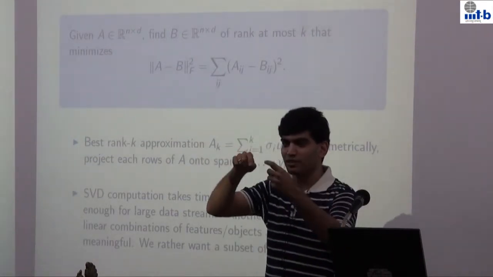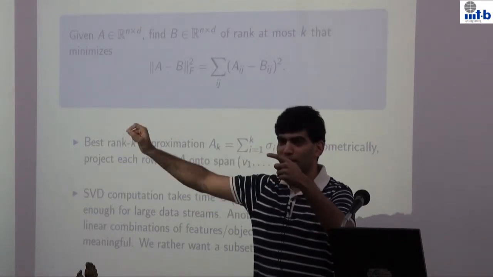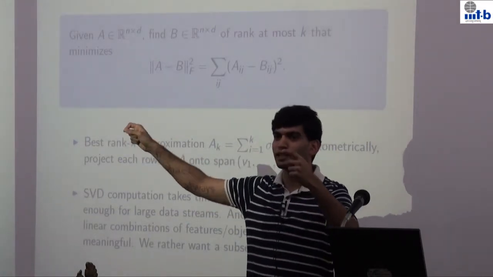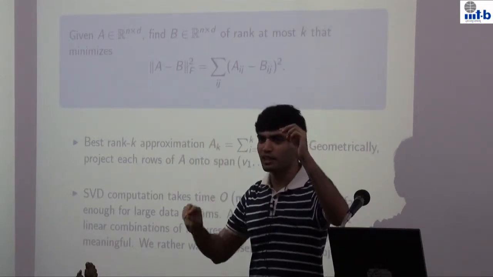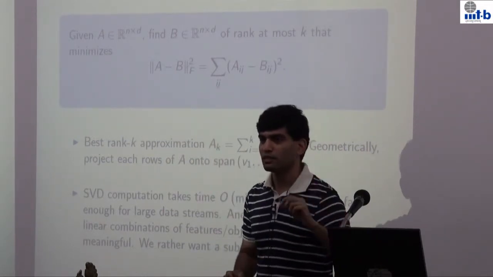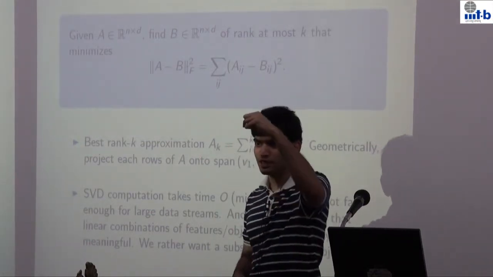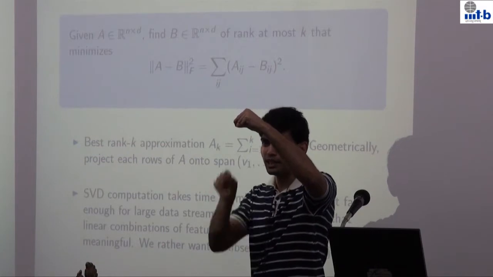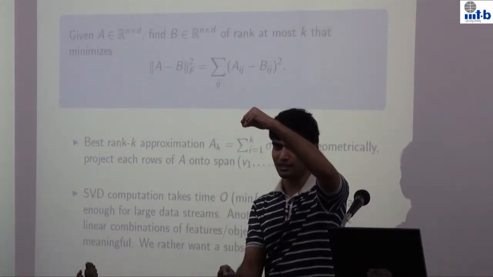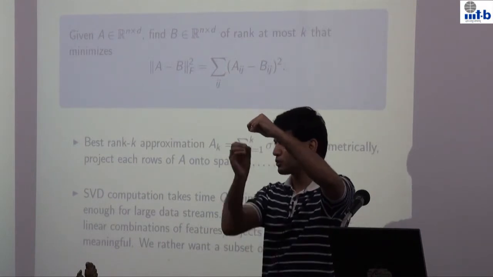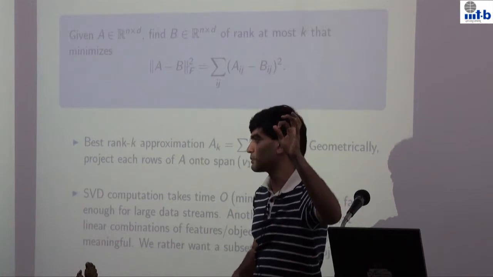If you think of rows as points, all the values that they have in the columns can be thought of as coordinates, and you can think of each row as a point in a high dimensional space. Similarly, if you think of the columns as points, each column gives you a point, and all the values it has can be thought of as coordinates, so you can think of this column as a point in a high dimensional space.